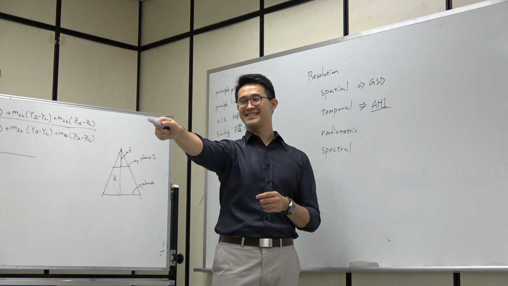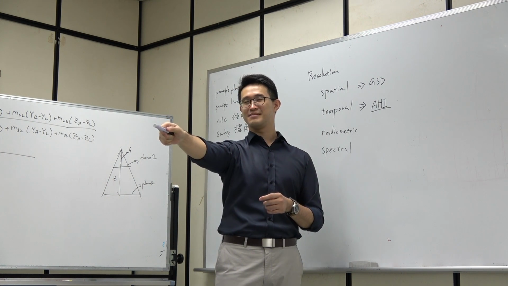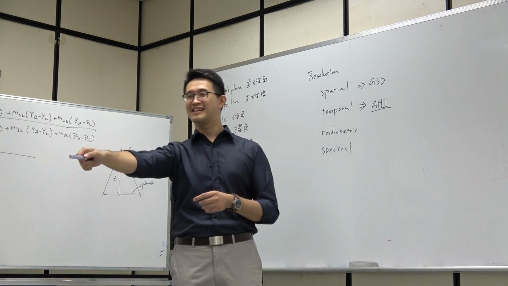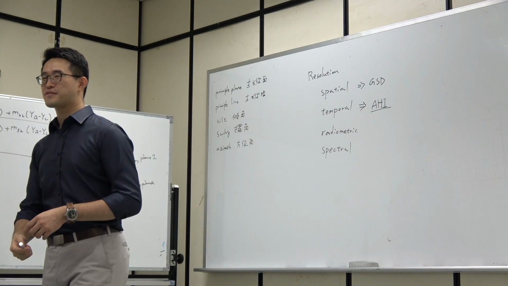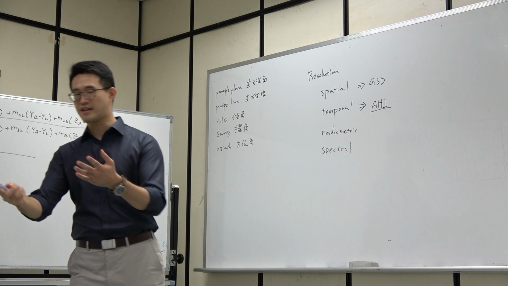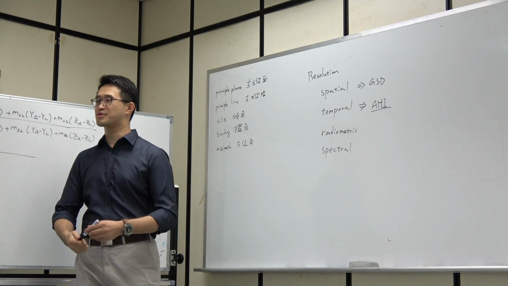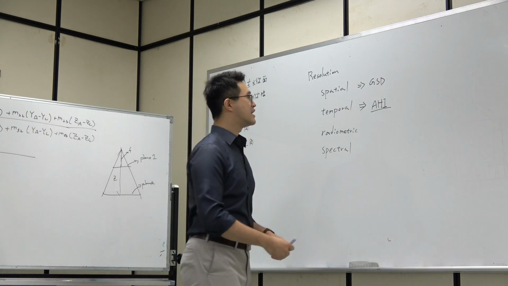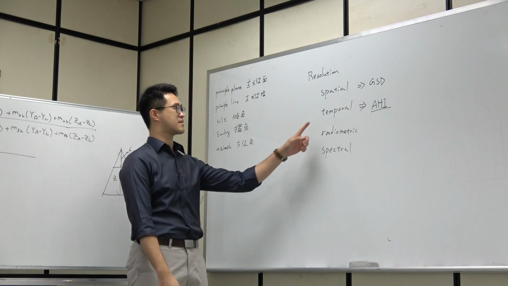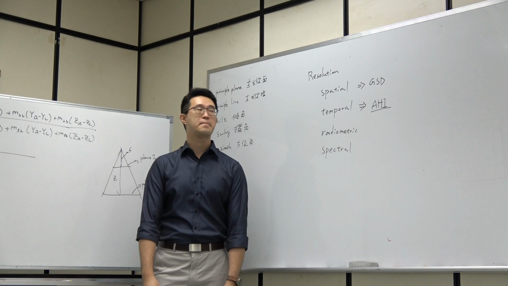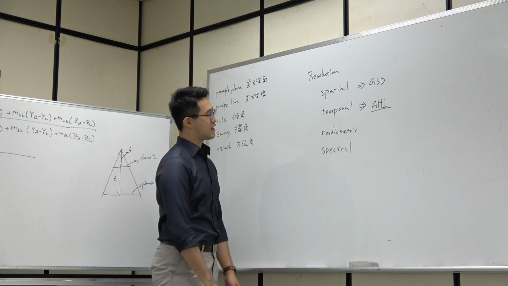Himawari 9 and 8. Both of them are from Japan, and both of their temporal resolution is 10 minutes, right? From one single satellite, that's the highest temporal resolution that you can get. And radiometric resolution.